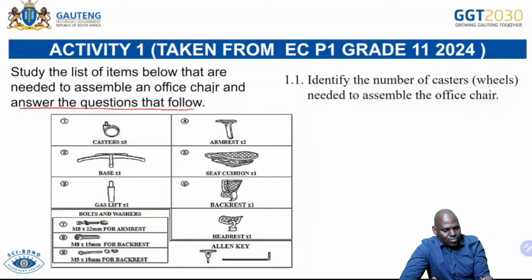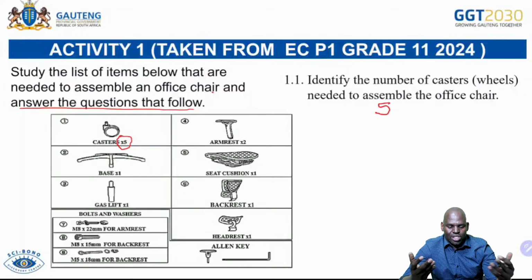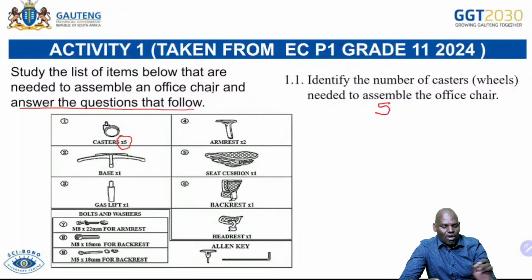For this one, you can see the casters are indicated, and it is times 5. So in this case, the number is just 5. It's very easy. There's a question and the answer is clearly indicated on the picture.